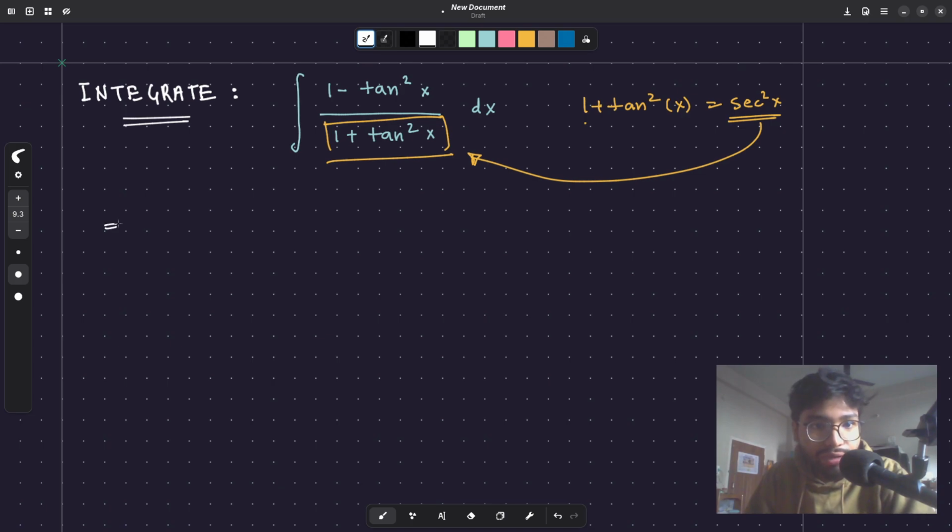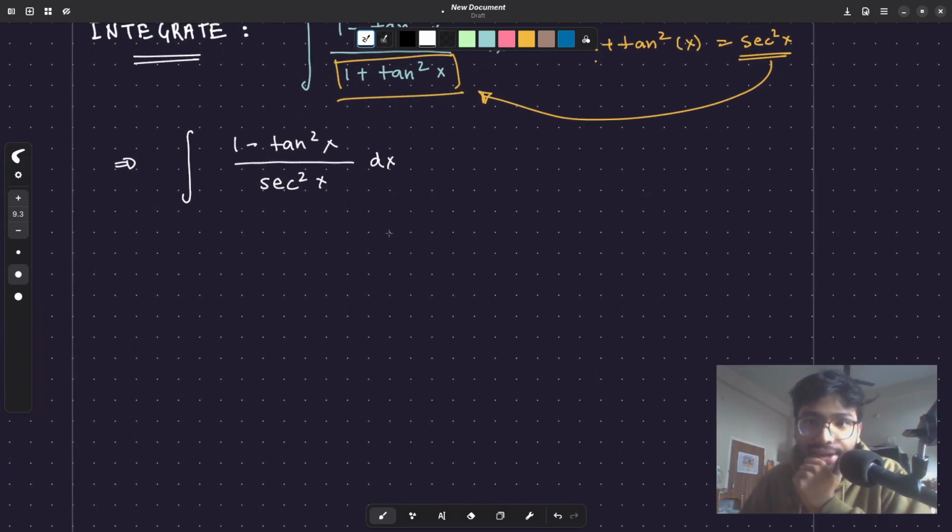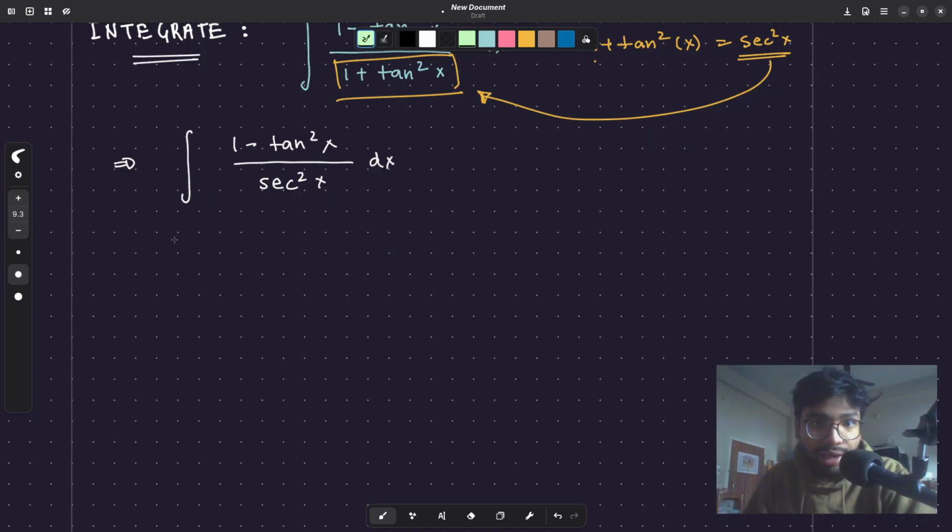So let us do that. Integral of sine, 1 minus tangent square of x divided by secant square of x dx. Very nice. We can also do one thing: we can make this into two separate fractions, this one and this one.